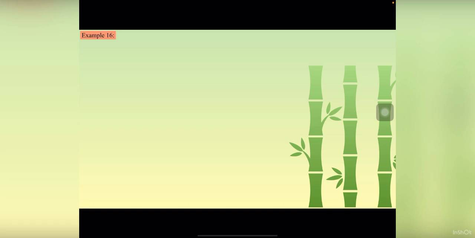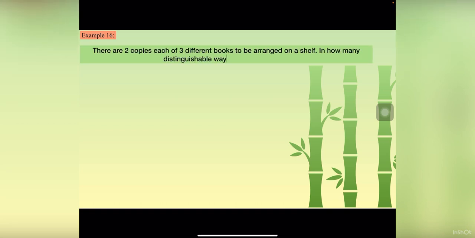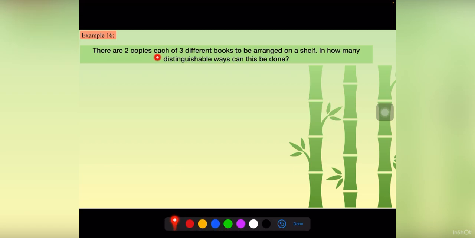Example 16. There are 2 copies, each of 3 different books, to be arranged on a shelf. In how many distinguishable ways can this be done? Solution. How many books are involved? That is n equals 2 times 3 equals 6. There are 6 books, and each book has 2 copies. So R1 equals 2, R2 equals 2, and R3 equals 2.